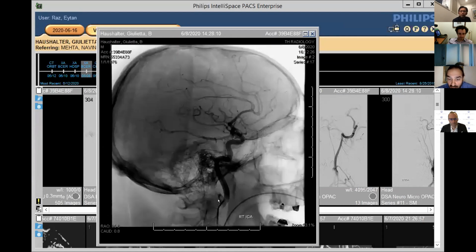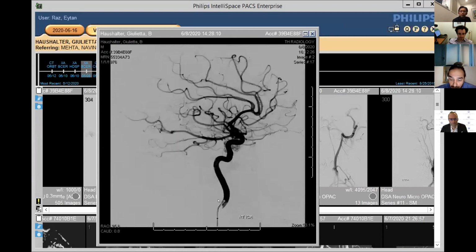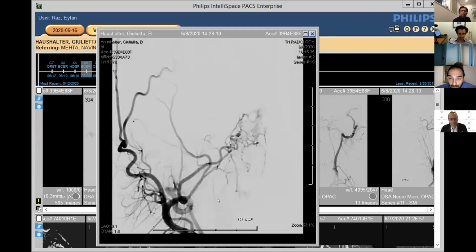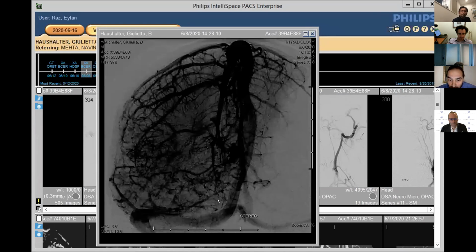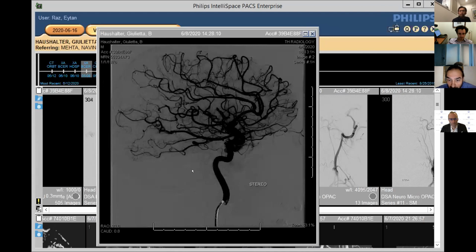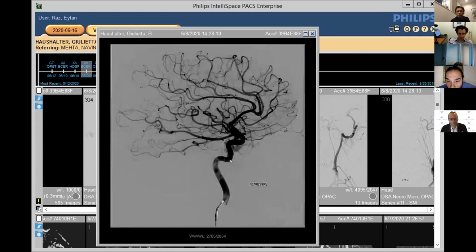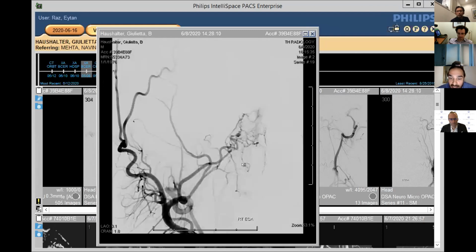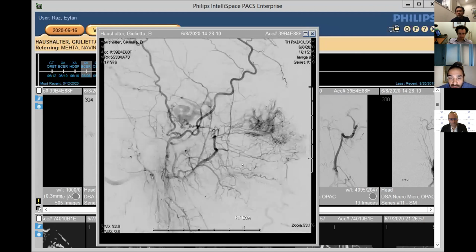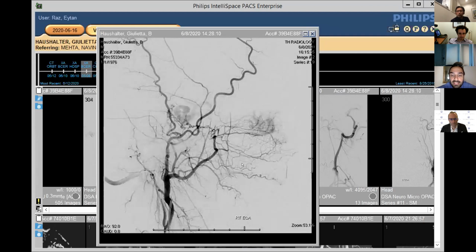I'll show you better on the magnified views. Here we see the early opacification of the cavernous sinus, enlarged MHT, ILT, and from the external injection, we see the filling of the same branches, but from the collateral, from the external circulation.